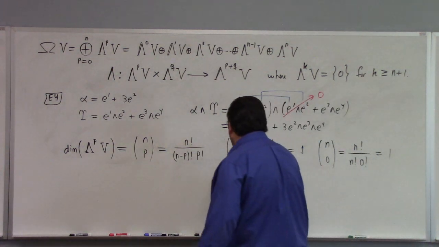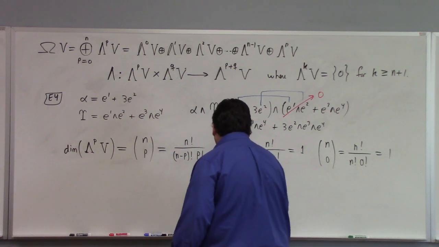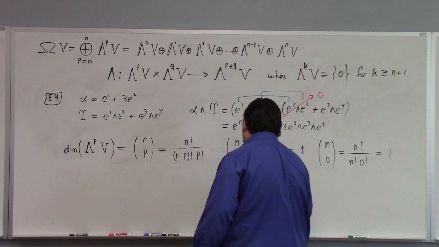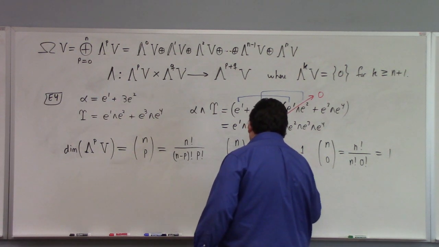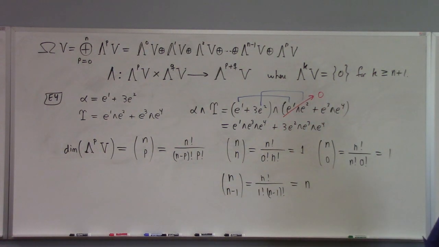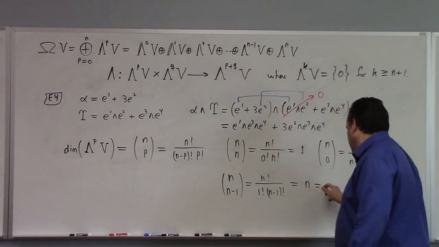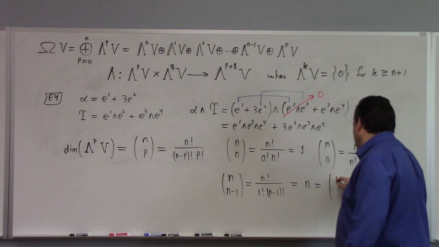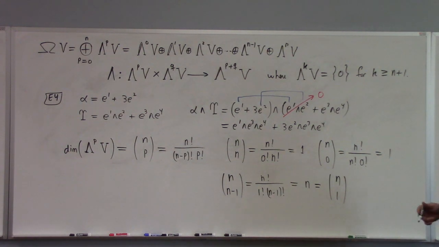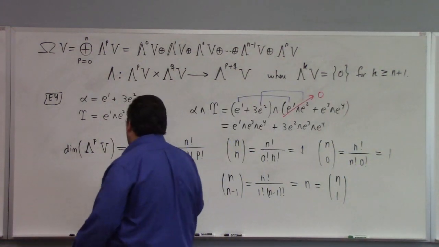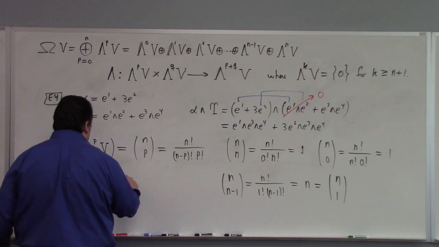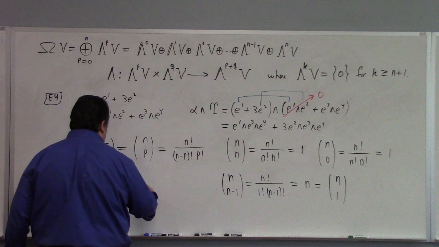How about n choose n minus 1? That is equal to n choose 1 as well, right? It is in fact true that n choose p is equal to n choose n minus p.